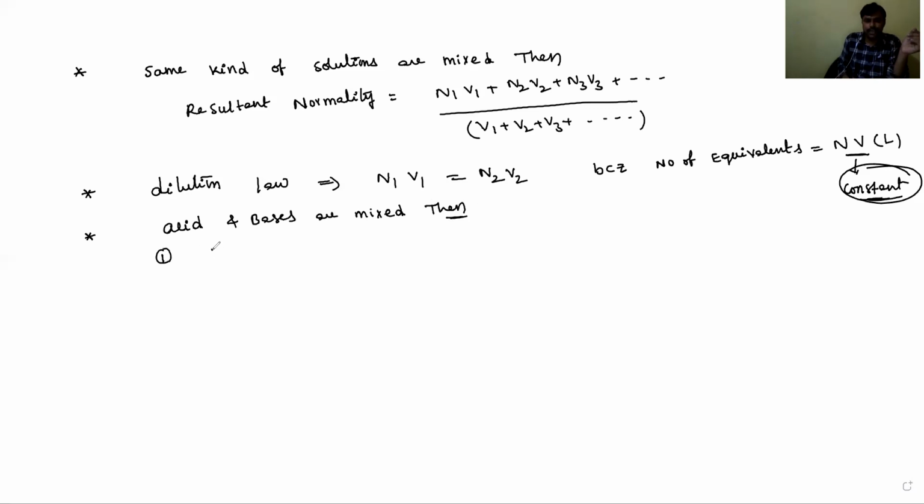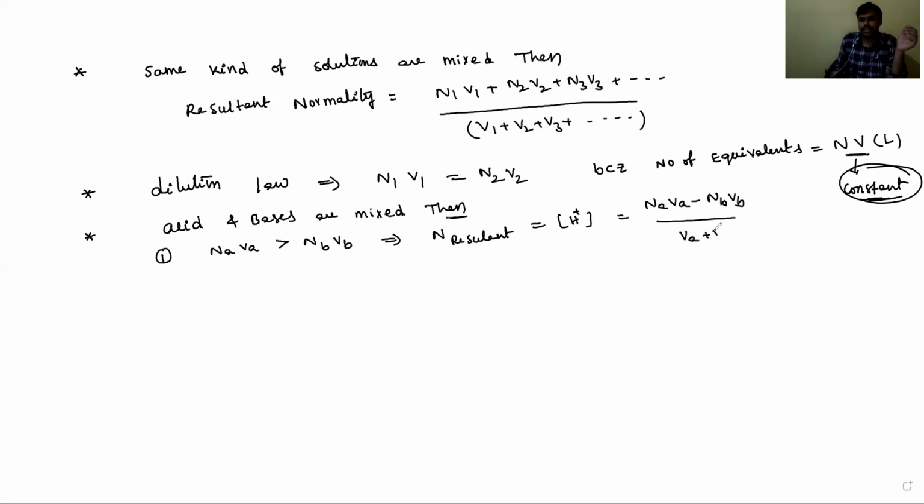First condition: NaVa, the strength of acid, is more than NbVb, the strength of base. Then the resultant normality is equal to the concentration of H plus ions, which is NaVa minus NbVb divided by Va plus Vb.